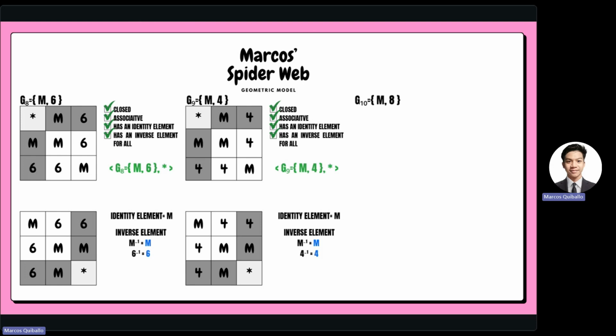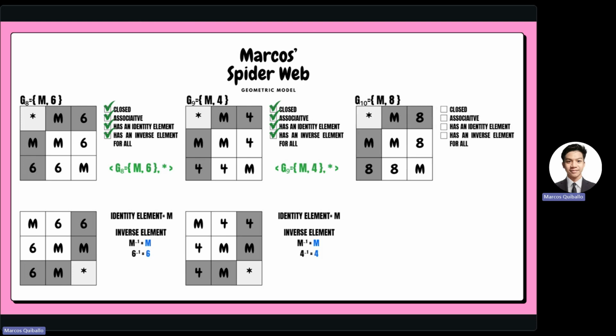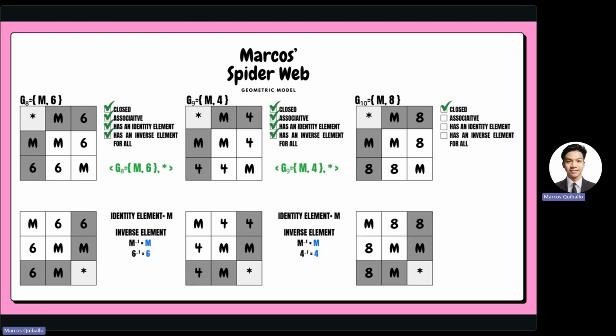So G sub 10, we have the elements M and 8. So this is our table. Let's look if it's closed. Based on our table here, it is closed because all the resulting elements are in our set, which is G sub 10. It is also associative because when we rotate the table 180 degrees, it is the same as the first table, which shows that the table is associative.